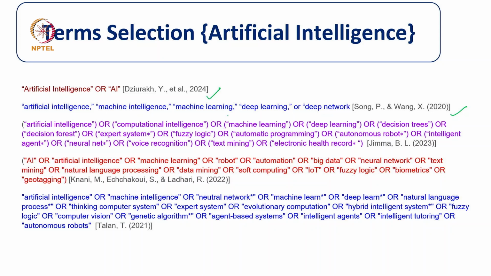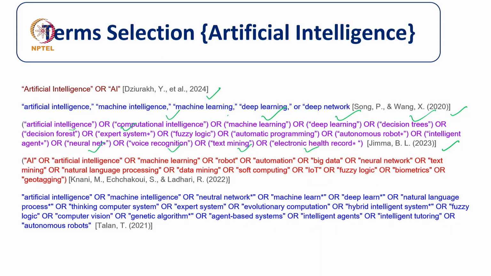Then in this particular example, they have taken more words. Artificial intelligence is there, computational intelligence, machine learning, deep learning, decision trees, expert system, neural network, voice recognition, text mining, electronic health records, and because this research was related to health, they have taken this word also.